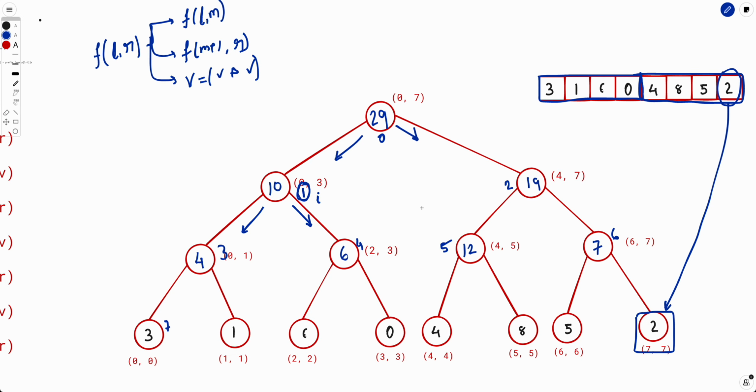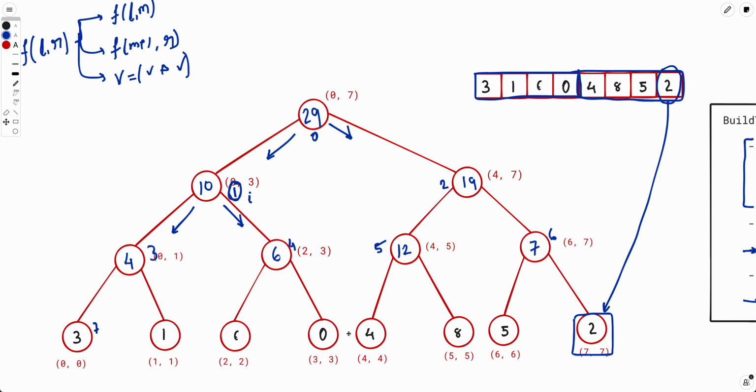So think about it. We have n nodes in the bottom, because each node here would represent one array index. Now, just the layer above, we have n by 2 nodes because we have one node for every two nodes, right?